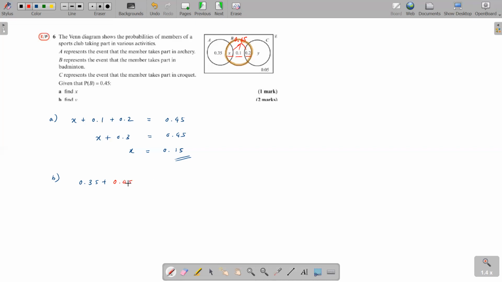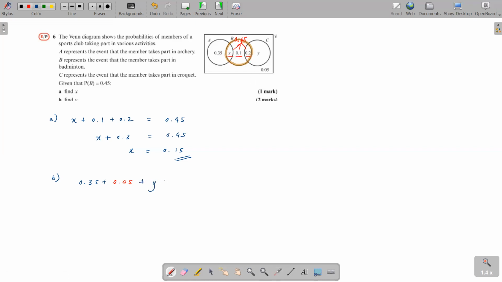Can you guys see? You could write them individually: 0.35, then x plus 0.1 plus 0.2 plus y plus 0.05 equals 1. That's completely fine. So I'm writing 0.35, and instead of writing these 3 which I know add up to 0.45, I write 0.45. Okay, the same thing. I hope you guys can understand.